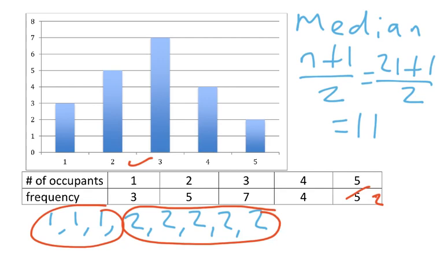So by the time I list all my 3s, I will have gotten through 15 of the 21 units that I'm looking at. 11 would be somewhere between the 8th unit and the 15th unit, so it would be somewhere among the 3s. If I were to make that big long list, the middle entry, the 11th position, would be somewhere among all the repeated 3s. The median is 3. Okay? Hope that went well.